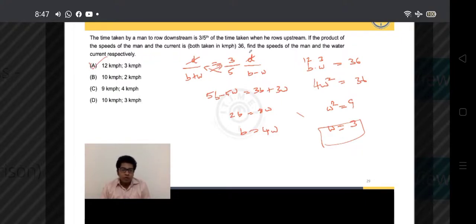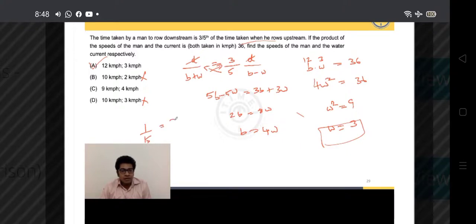One more way of doing the same problem will be, the question is about finding the speeds of the man and water. We know the product is 36. How many options? 12, 3, 9, 4. Choice B can be eliminated. Choice D can be eliminated. Okay. Let's try with 12, 3. So if the speed of the man and water current is 12 and 3, we know D by B plus W is 3/5 of D by B minus W. So cancel D. So B plus W is what? 1 by 15.